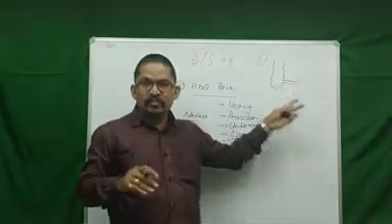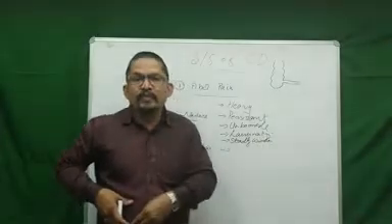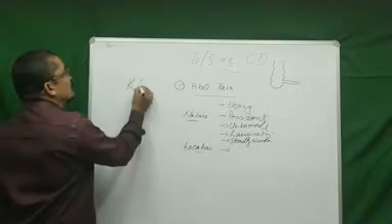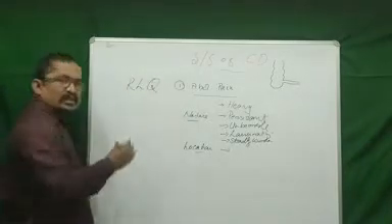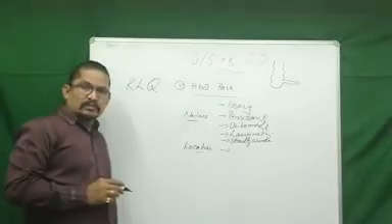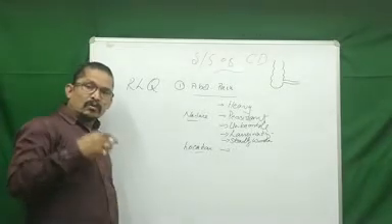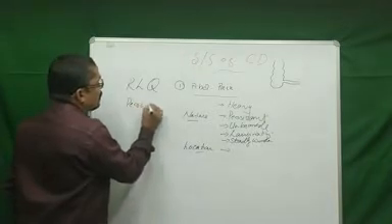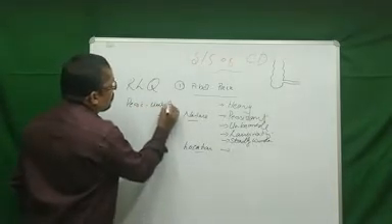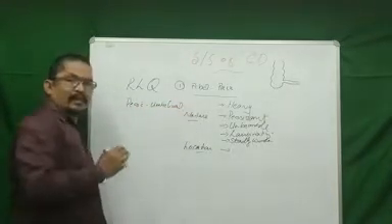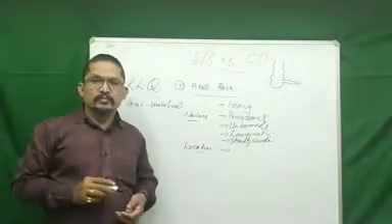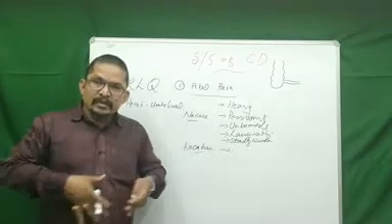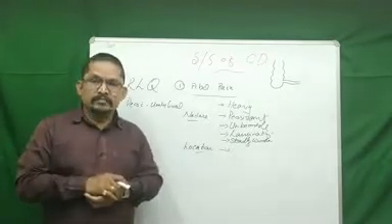That is why usually the location of pain will be in the right lower quadrant of the abdomen, or often it can be periumbilical also. So the location will be right lower quadrant or it can be periumbilical.